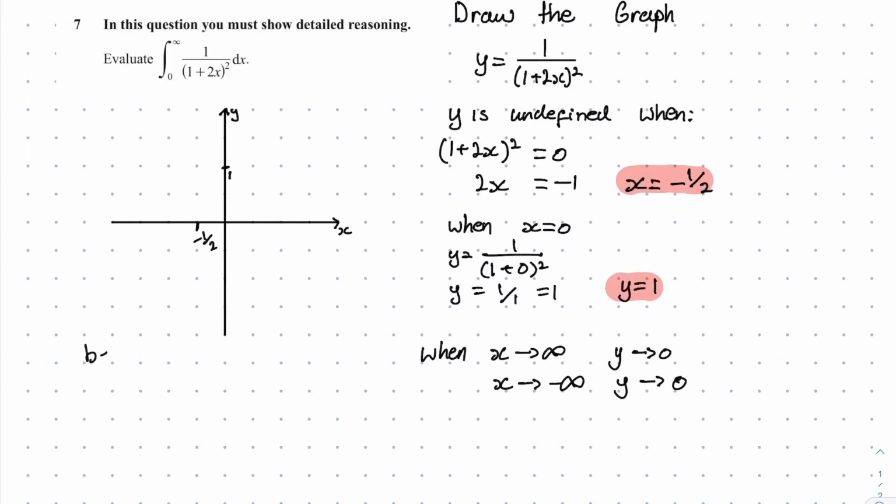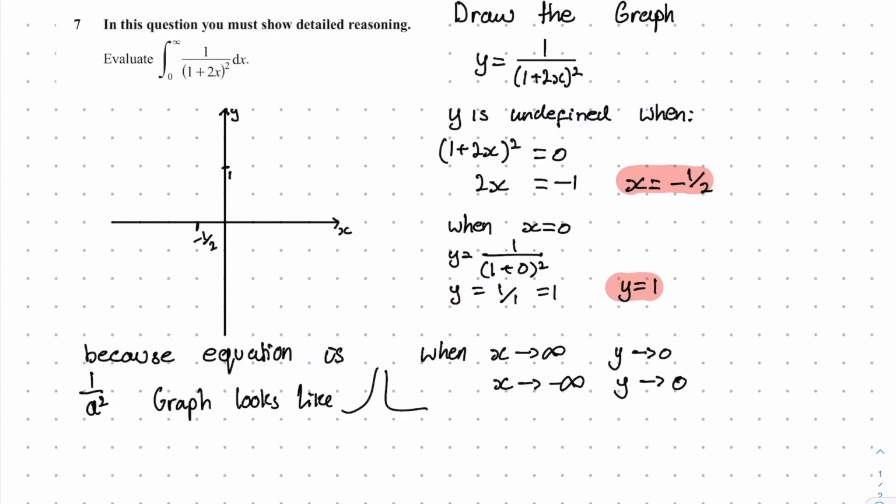So one last thing before we draw our graph is, because the graph is in the form 1 over a squared, we know that it must look like the following.